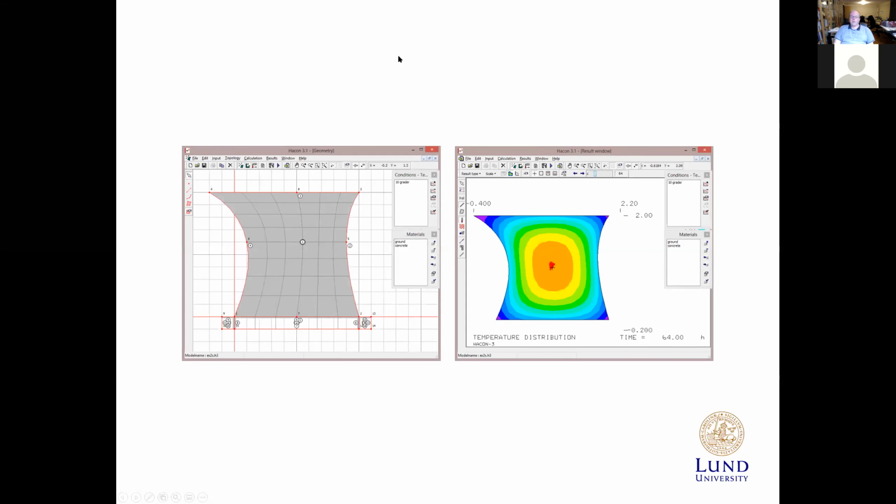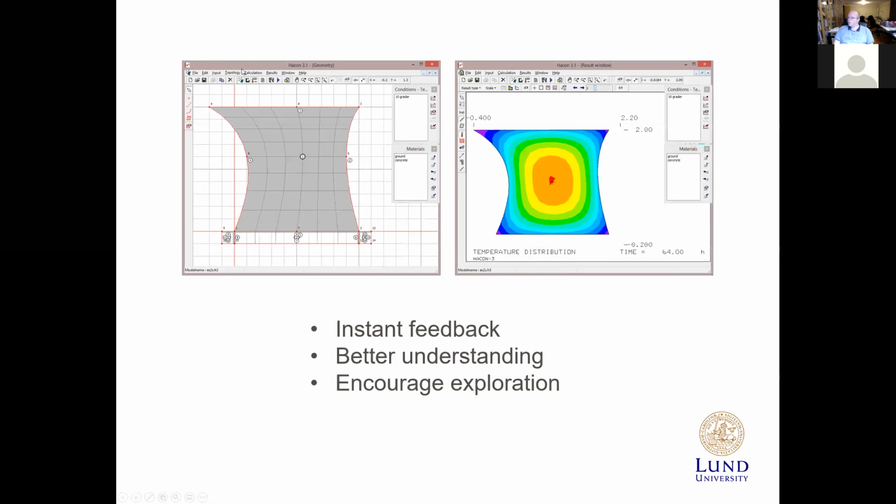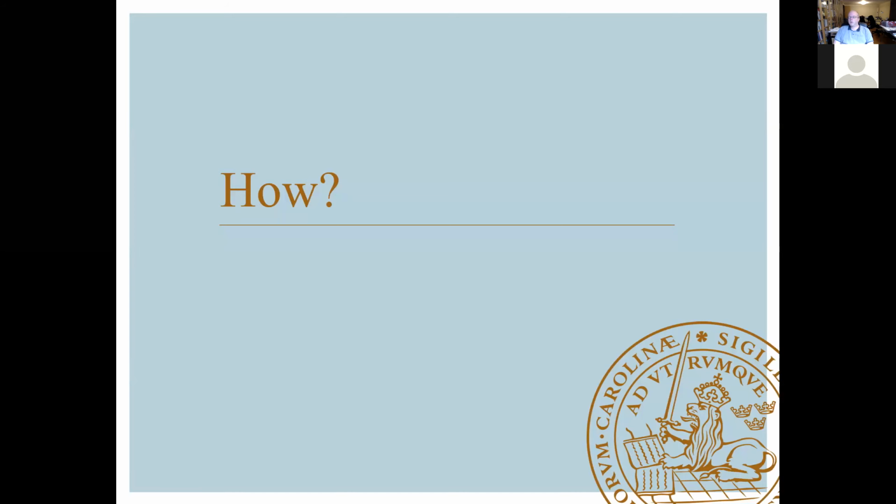When you change something, it automatically calculates in the background and shows you the results. It gives you instant feedback, better understanding, and also encourages you to explore changes in your model more intuitively. Of course, this has other problems: especially if you have a complicated model, it can take some time. So how do we accomplish this?